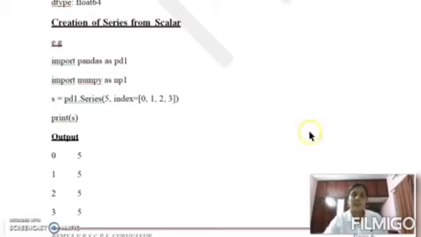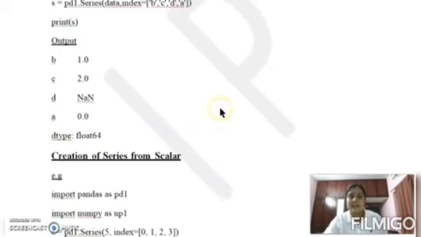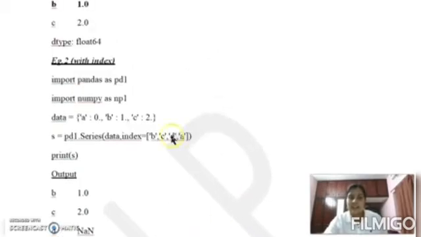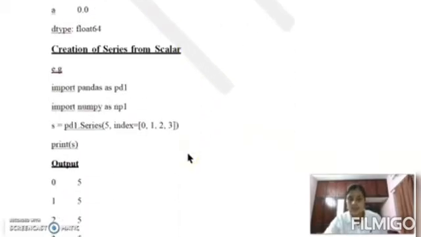For this, the first two lines are the same as above. In both cases we use two import statements: import pandas and import numpy. Then in the third statement, there is a slight difference. In the case of dictionary, we used pd1.Series of data, index and so on.